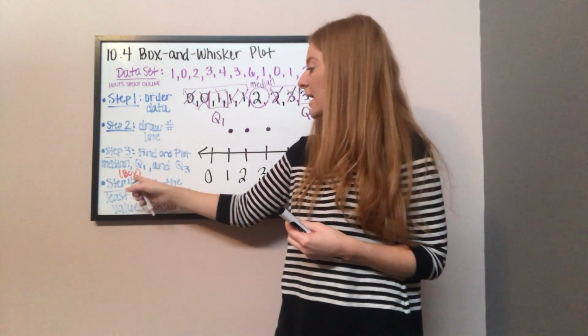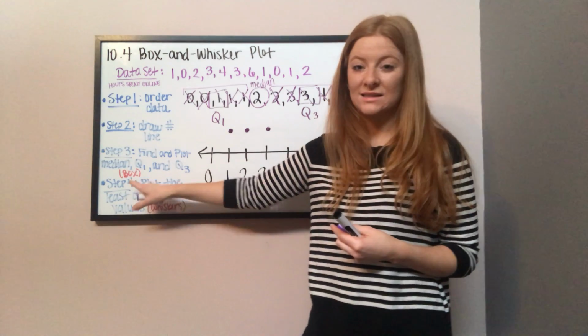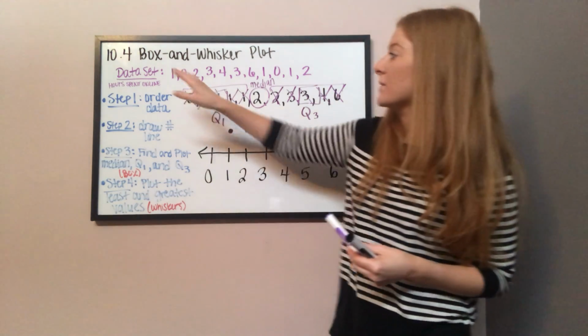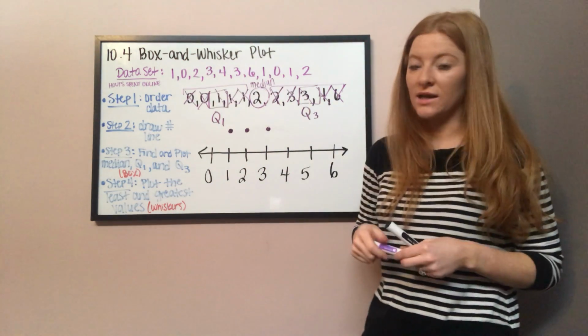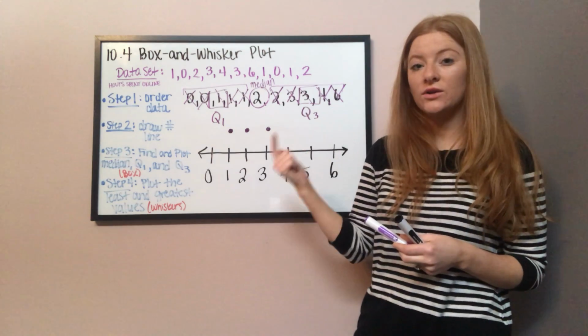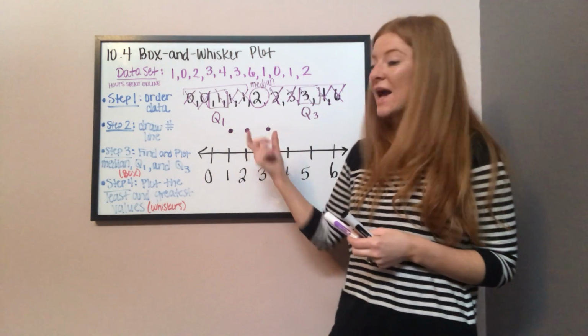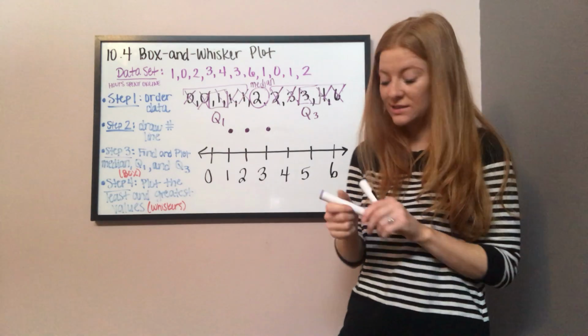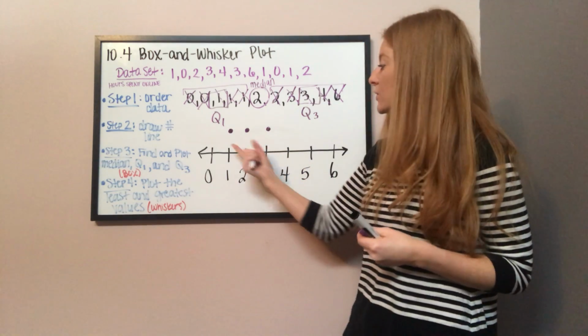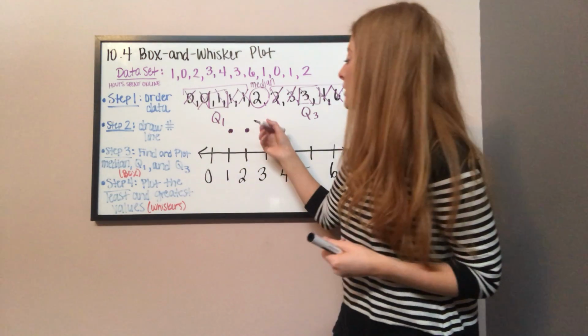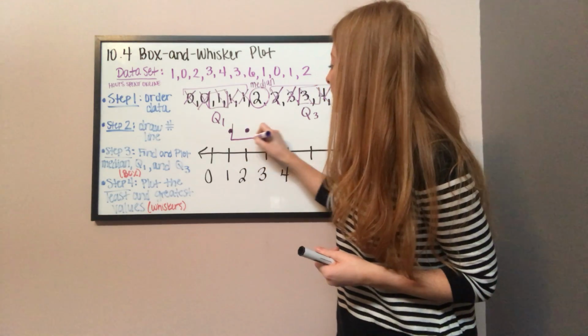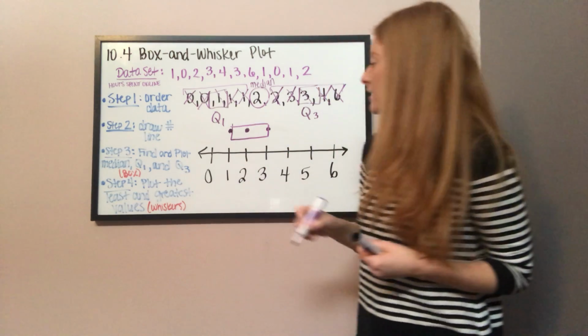Then you're going to notice I have the red word box. All right, again, we're making a box and whisker plot. So your Q1, Q2, and Q3 actually are creating your box. Your Q1 and Q3 are going to be the sides of the box, like this.